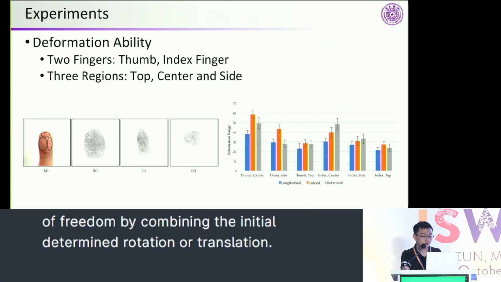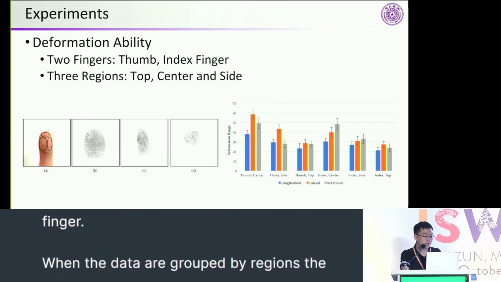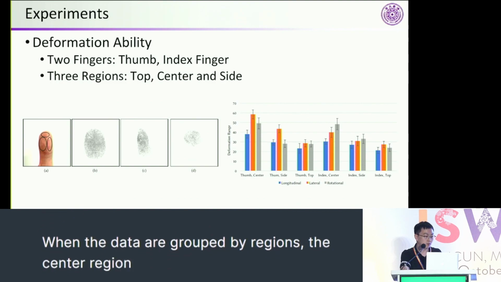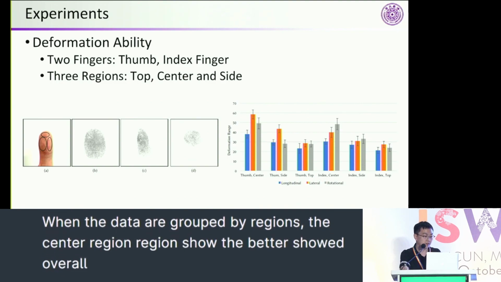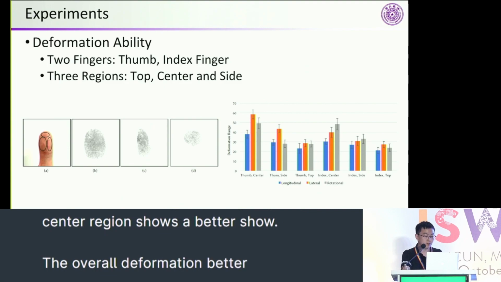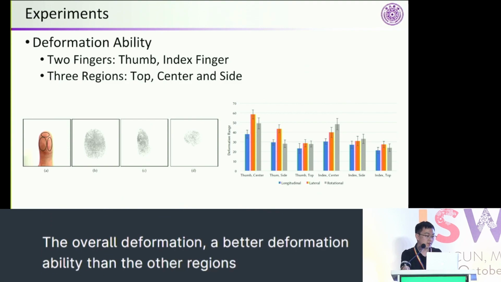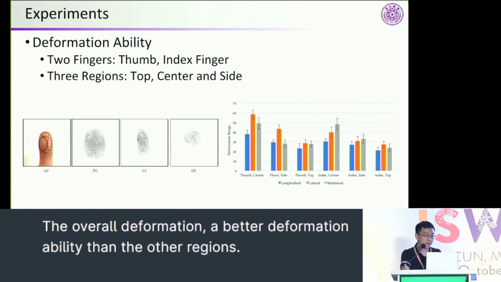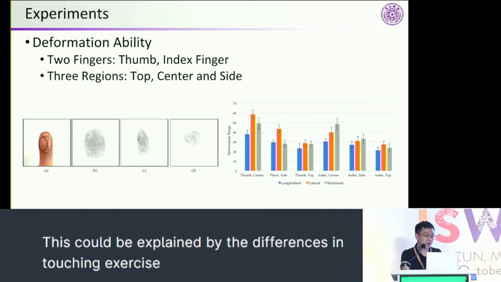When the data is grouped by fingers, the thumb showed a better overall deformation ability than the index finger. When grouped by regions, the center region showed a better deformation ability than the other regions. This could be explained by differences in touching area size, where a larger area has more potential to deform.